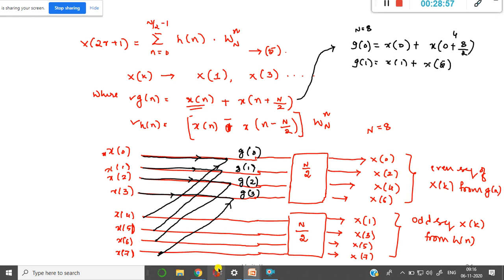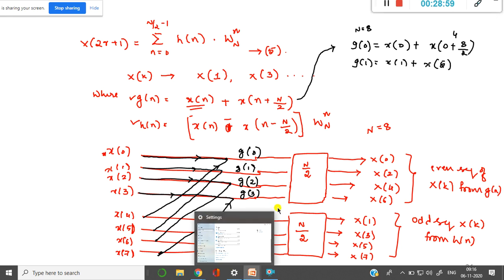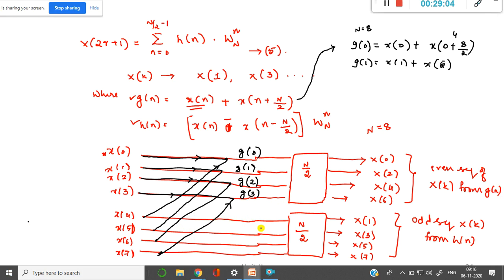Now next, how do you obtain h of 0, h of 1, h of 2 as such? So it is very simple.